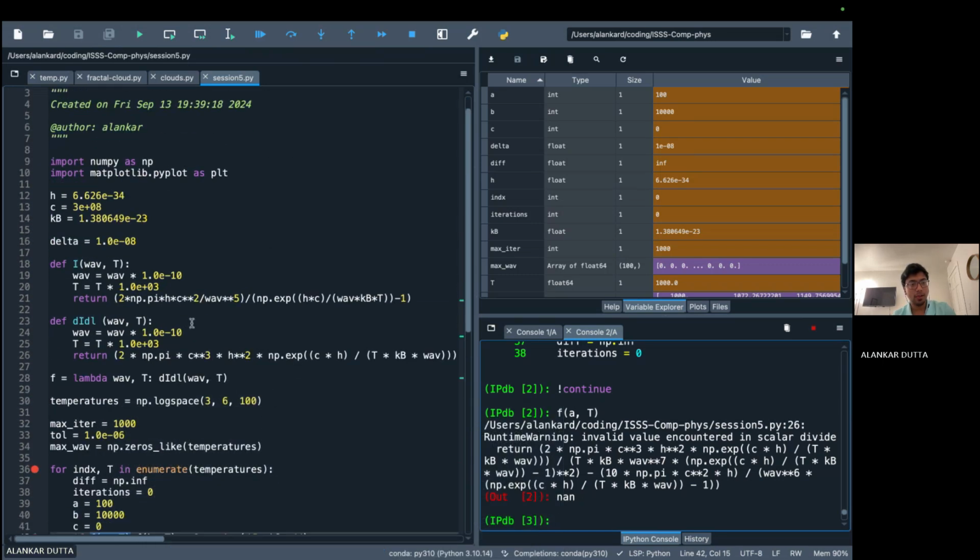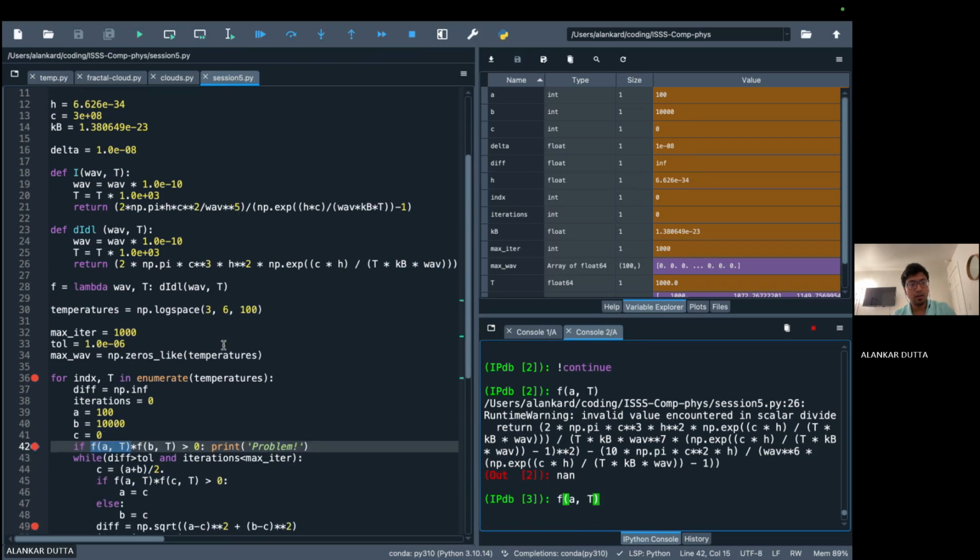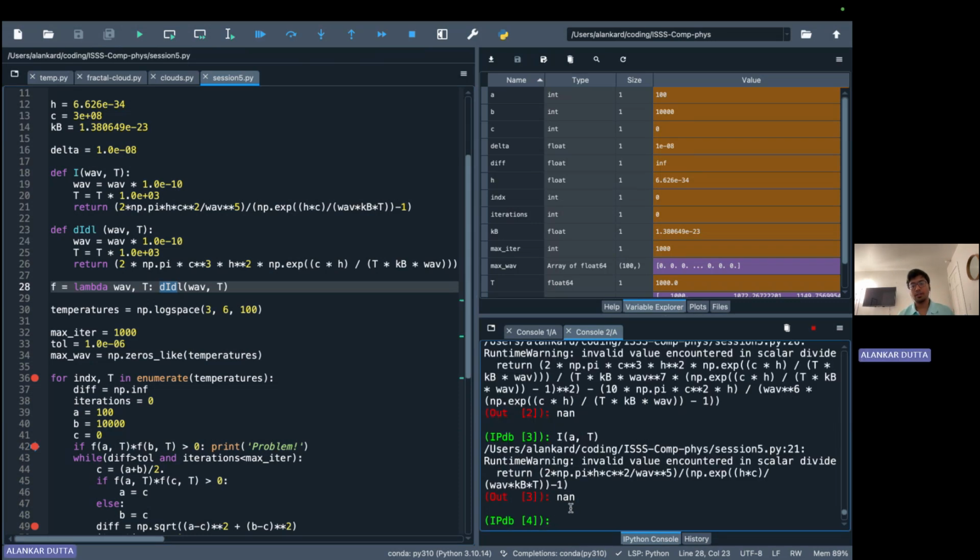Okay. Now what is F? Let's see. If I do something like this, I still get a nan. I think this is the one which is causing the problem.